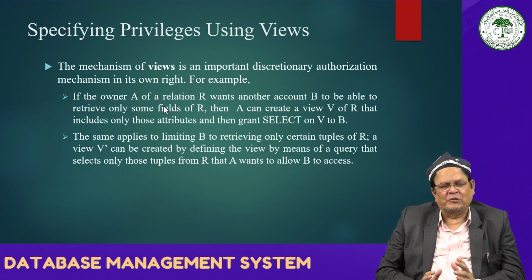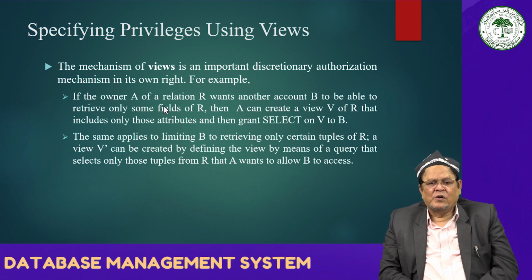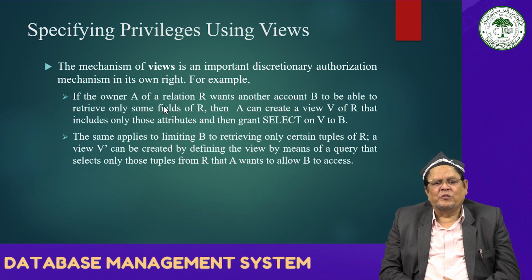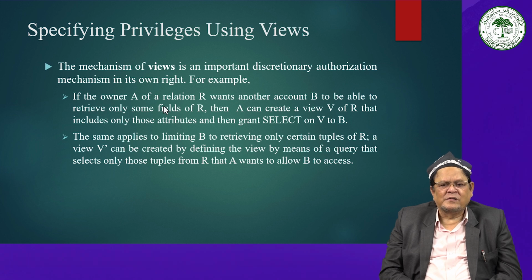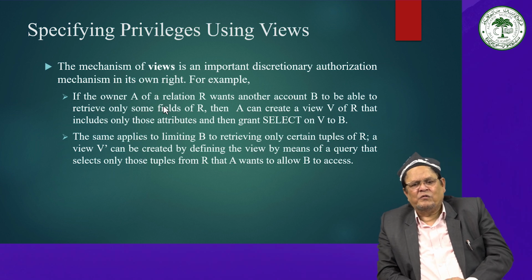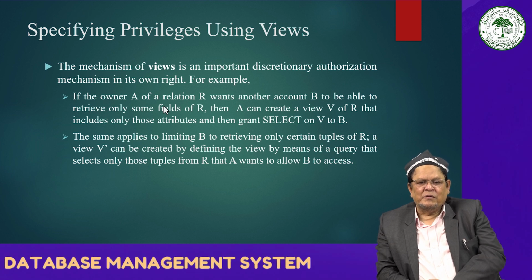For example, if owner A of a relation R wants another account B to be able to retrieve only some fields of R, then A can create a view V of R that includes only those attributes and then grant select on V to B.